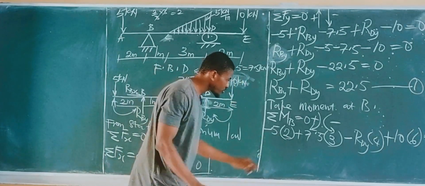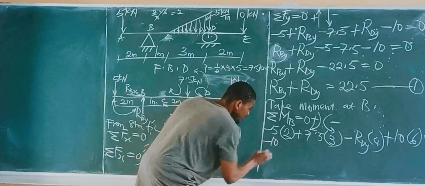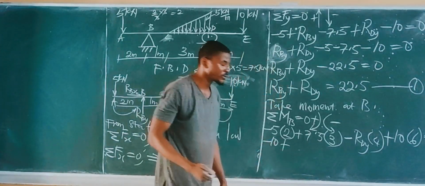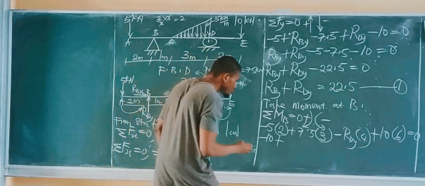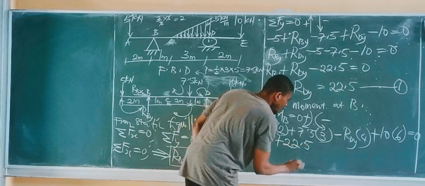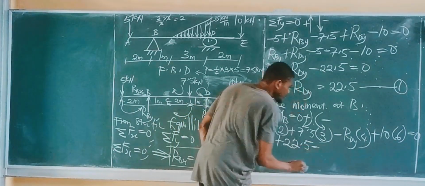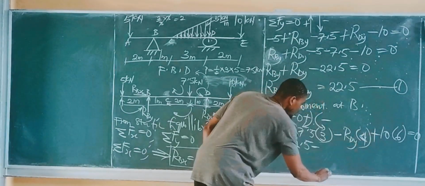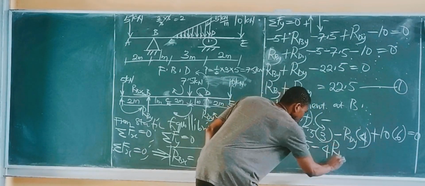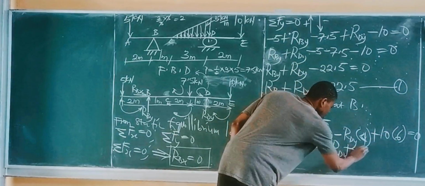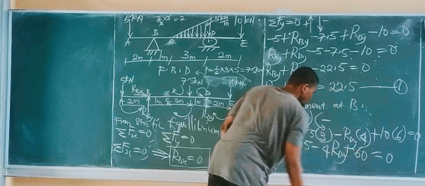So minus 5 times 2 is minus 10, plus 7.5 times 3 gives us 22.5. So we have 22.5 minus 4 RBY, plus 10 times 6 is 60, and that's equal to 0.